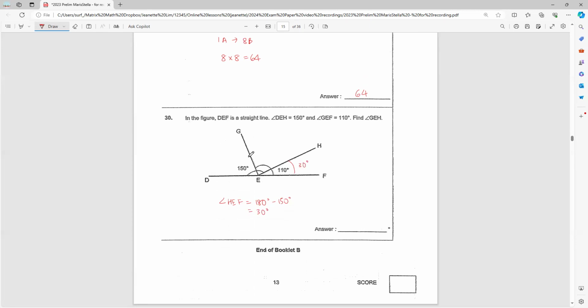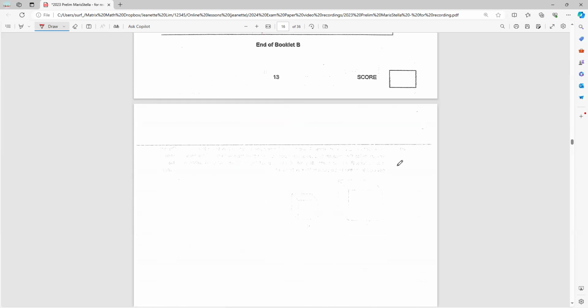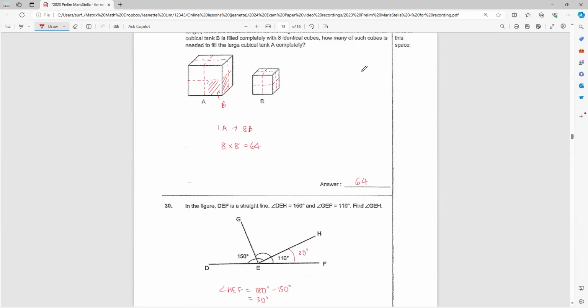Now, to find GEH, we'll take 110 minus 30, which is 80. Answer 80 degrees. All right, so that's the end of paper 1 for Maris Stella 2023 prelim paper.